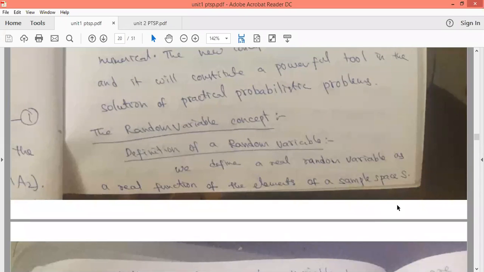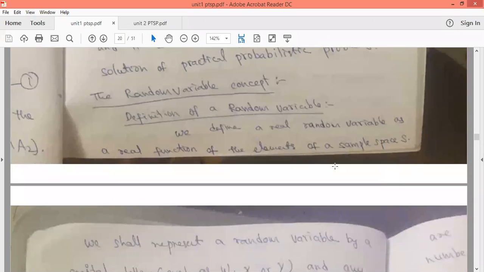So here we discuss the random variable. What is a random variable? We will be assigning a real number to every outcome in the sample space. So a random variable is a real function of the elements of the sample space.